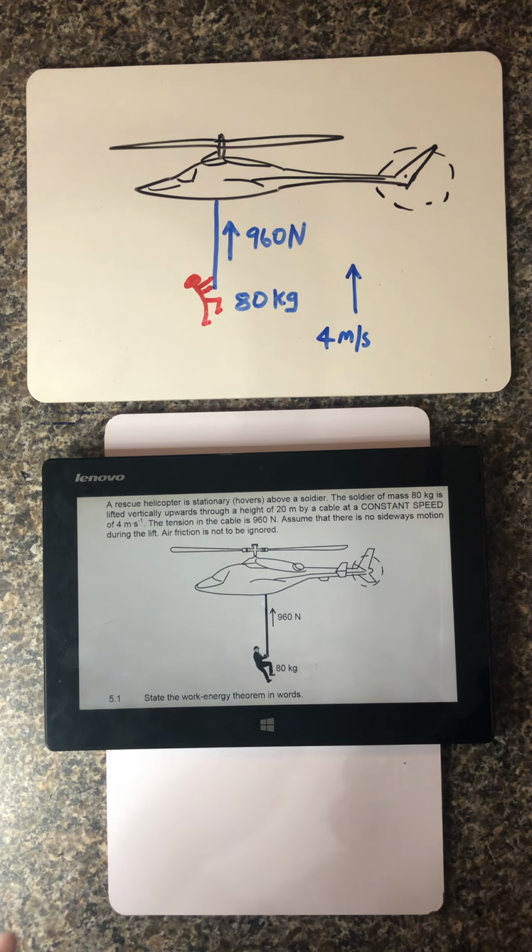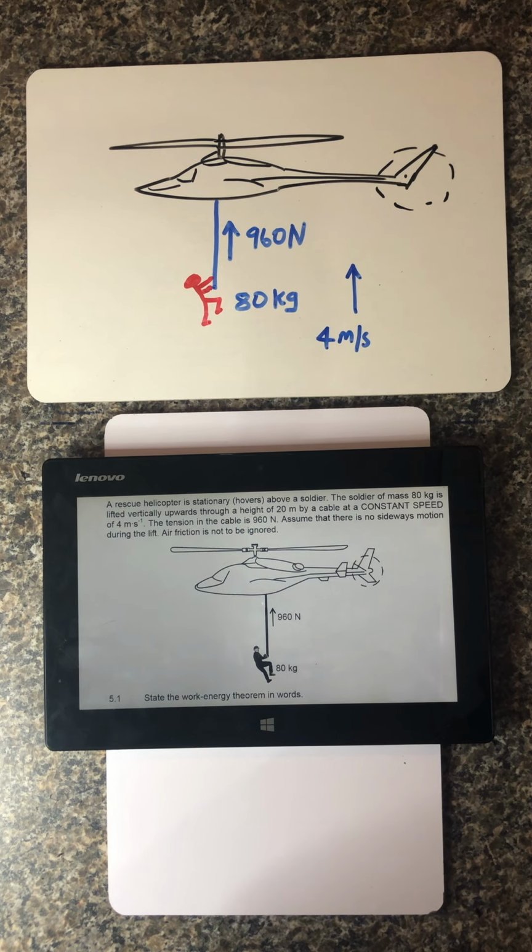Okay, ladies and gentlemen, just to give you a hint, if it's moving at a constant speed of 4 meters per second, that means its initial velocity and its final velocity will be the same. Very, very important.